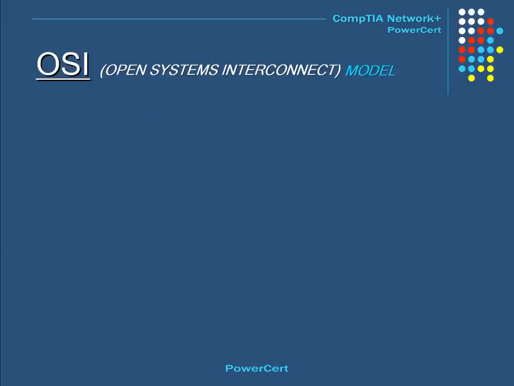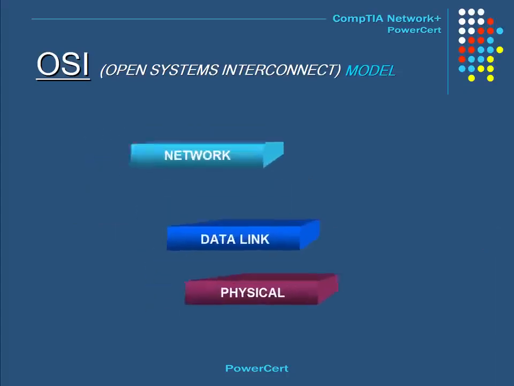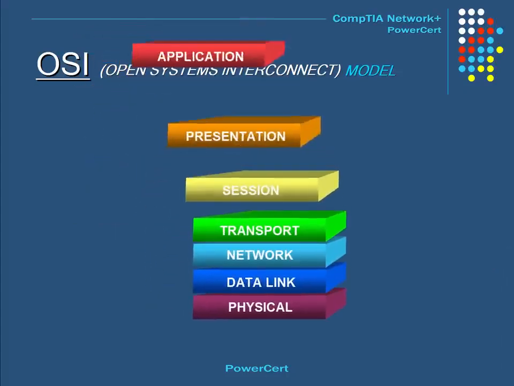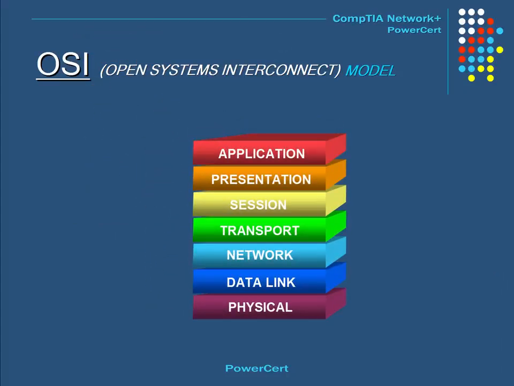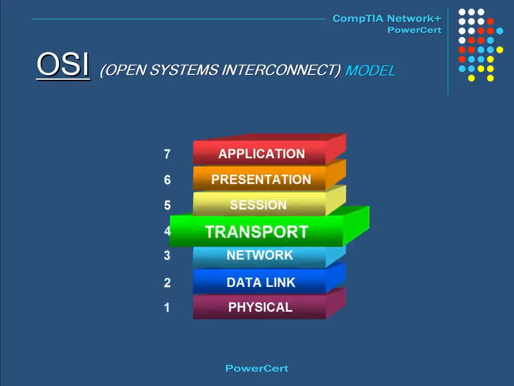In order for network communication to take place, there needs to be a set of standards, and that's why the OSI model was developed. The OSI model describes how information from software in one computer moves through a network to reach software in another computer.